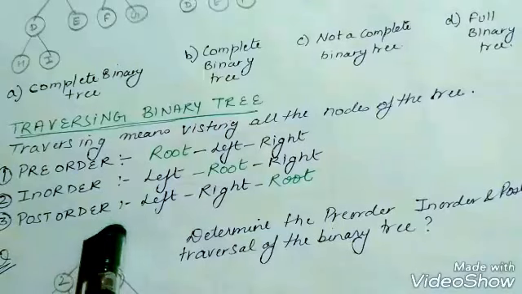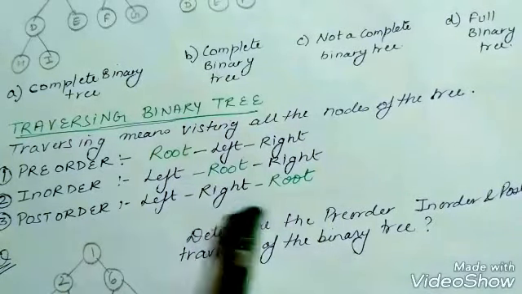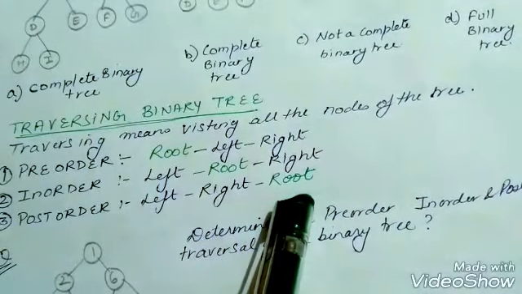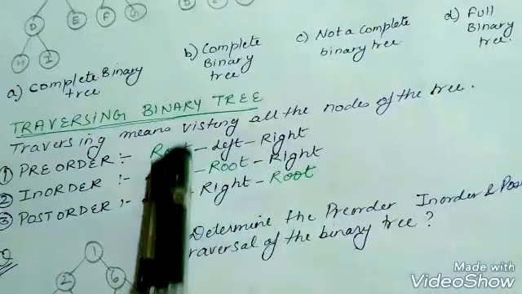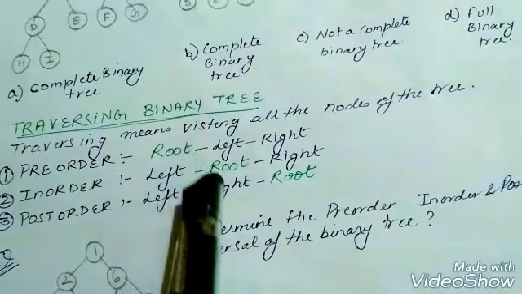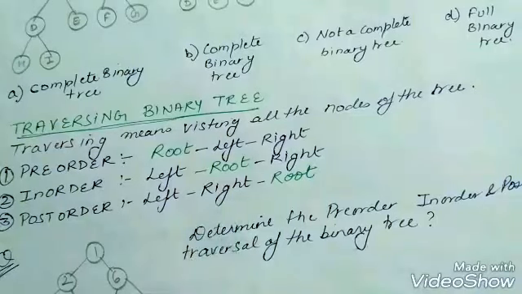And in post-order, we have the left node first, then the right node, and at the end we take the root node into consideration. Depending upon this, questions are asked in exams, and they can be asked in a number of ways.